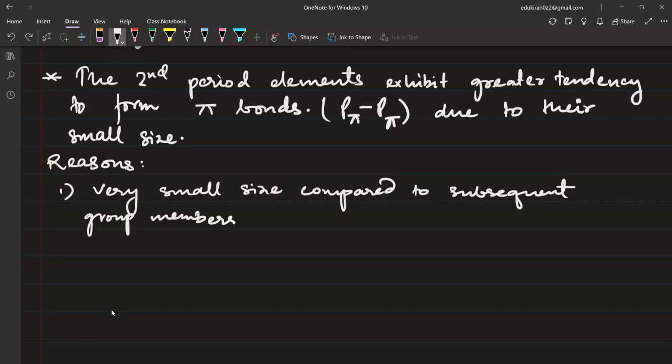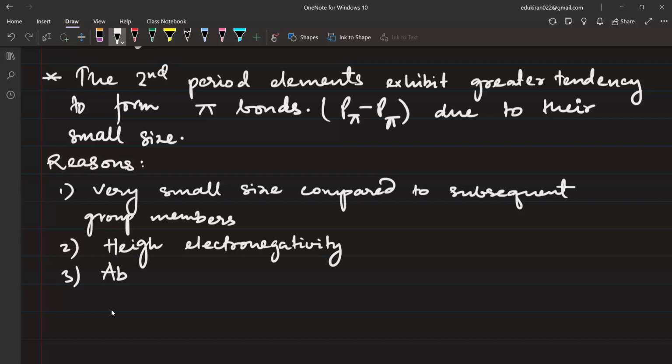Second लिखिएगा high electronegativity. What is absence of disruption?